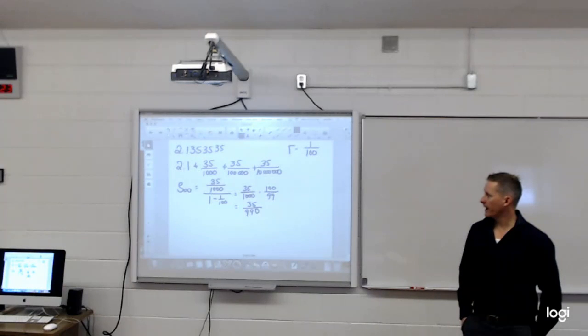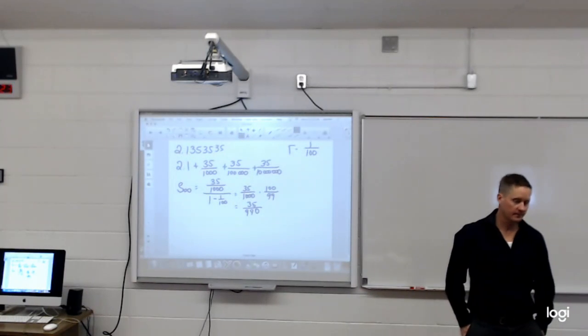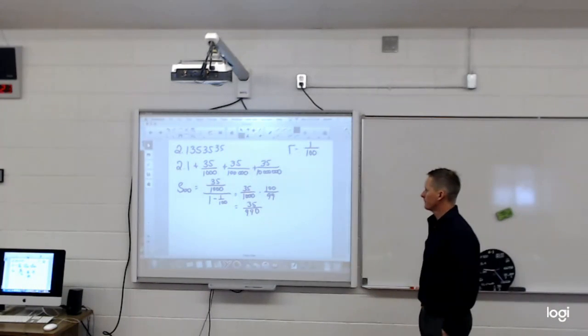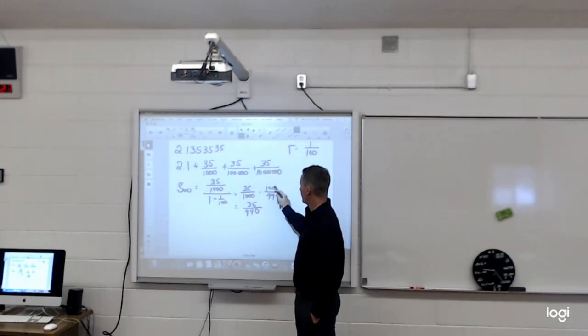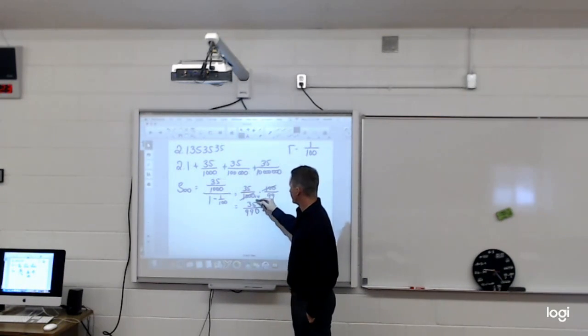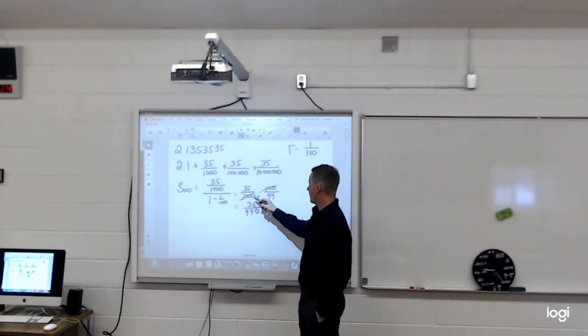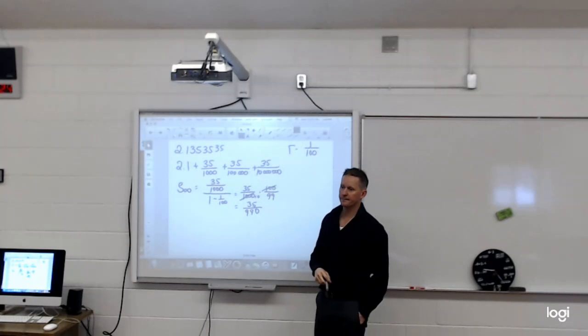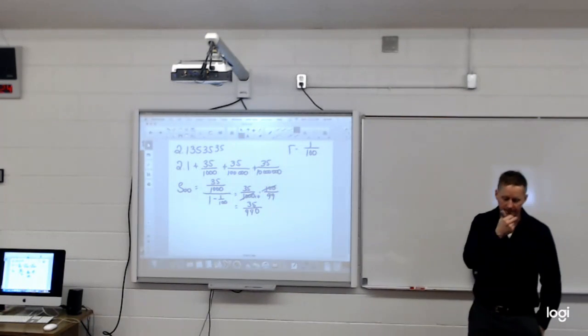So far, we're okay? How do we get 35 over 990? Well, 100 goes into 1,000 10 times, and then 10 times 99. 35 times 1, 10 times 99 is 990. Okay? Let's try and do that in my head here.